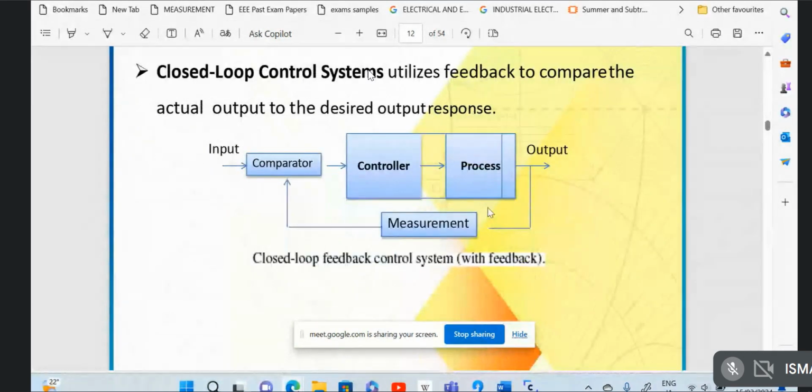Just like a vehicle, you have a steering. If it is not going in the direction you want, you are able to see it, and then you know where you're going. The direction of the road is the reference.